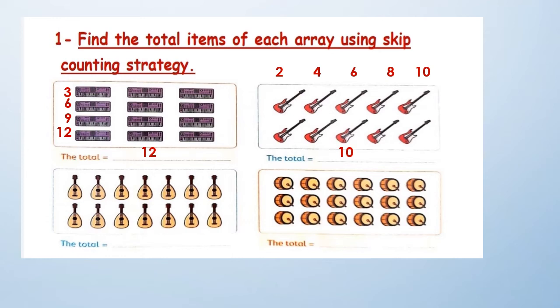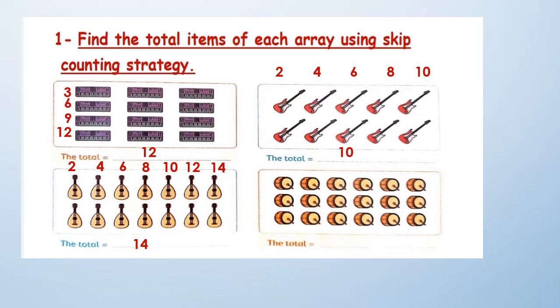The third one, I will also use the columns. Each column has 2 items, so I will start with 2 and skip count by 2: 2, 4, 6, 8, 10, 12, 14. So the total number here is 14.